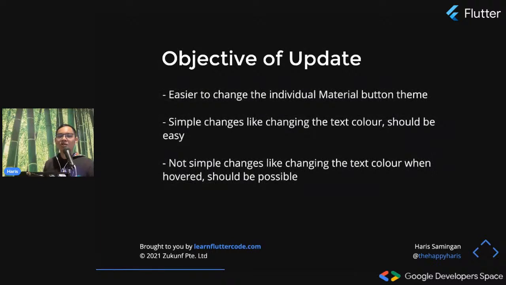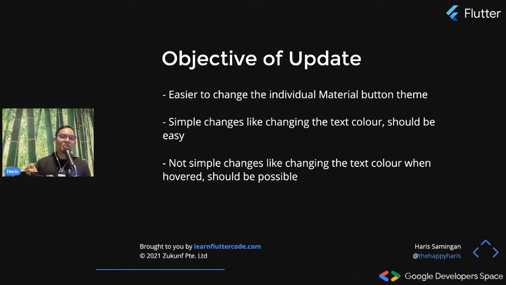All right. So the objective of the update is actually to make the individual material button theme easier, right? Because when we do it the old way, just creating the button theming doesn't really help.